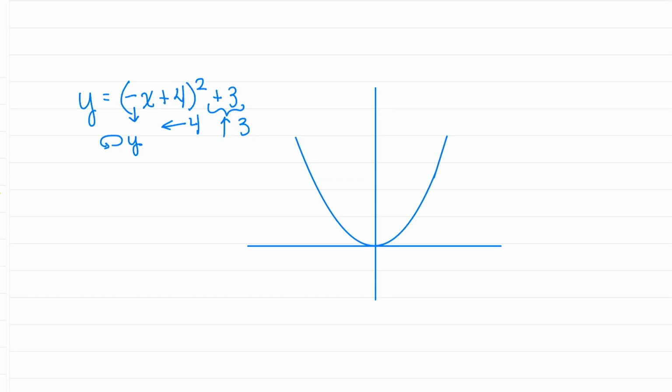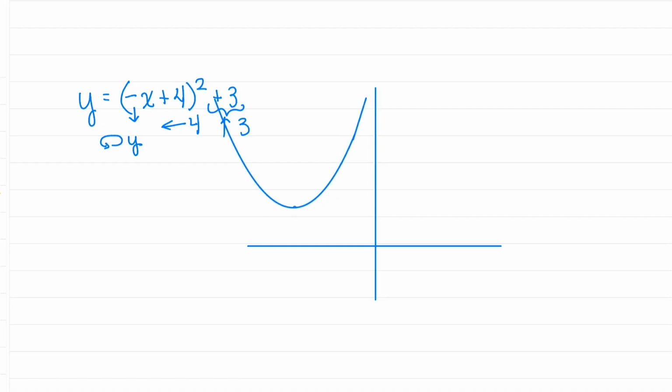But for our sake here, I'm just going to sketch it. So this is our parent function here. What I'm going to do is, again, take our vertex and use it as an anchor point to go left 4, 1, 2, 3, 4, up 3, 1, 2, 3. So this is going to be our transformed function.